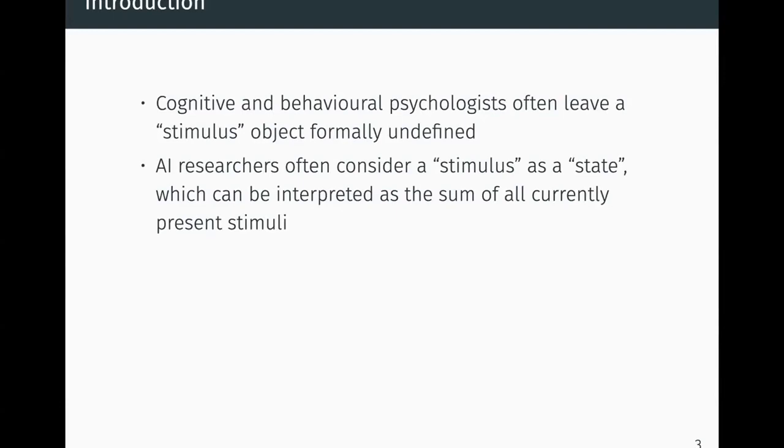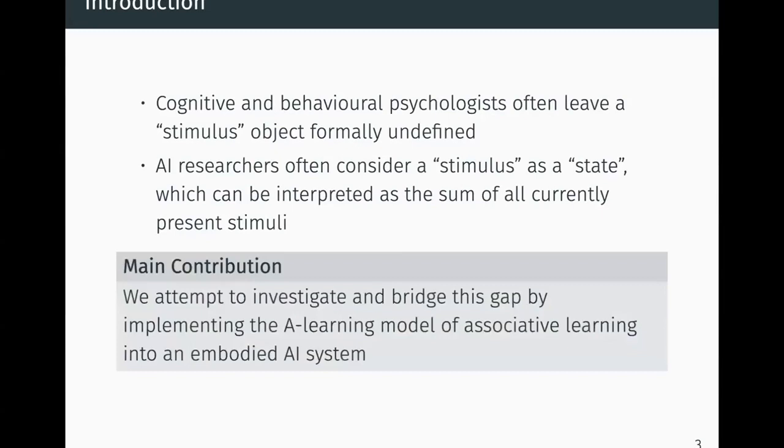We think more in terms of a state, which you can interpret as the sum of all currently present stimuli in the situation. So we've been trying to investigate and bridge this gap, and we do that by implementing this learning model that I will describe next, an associative learning model, into the Animal-AI, which is our virtual environment.